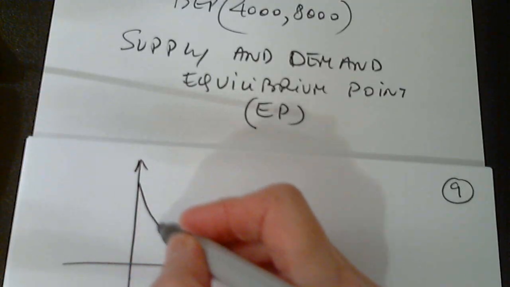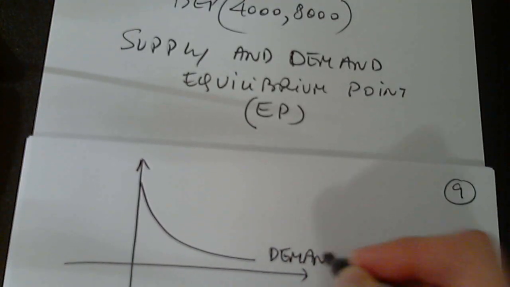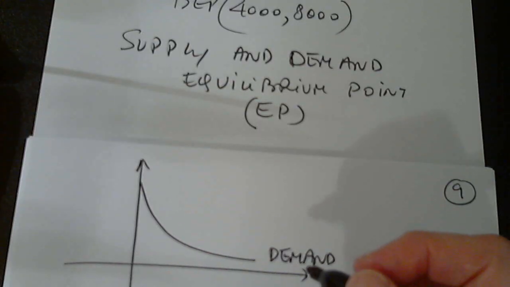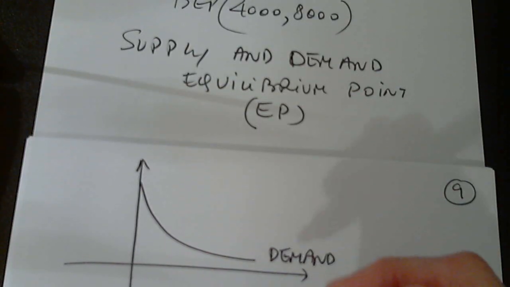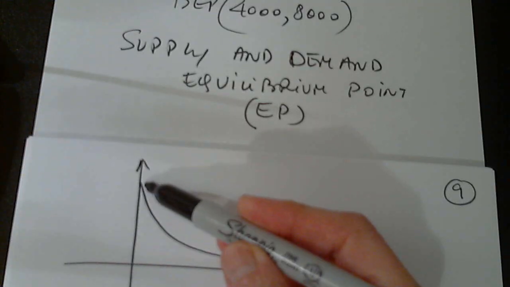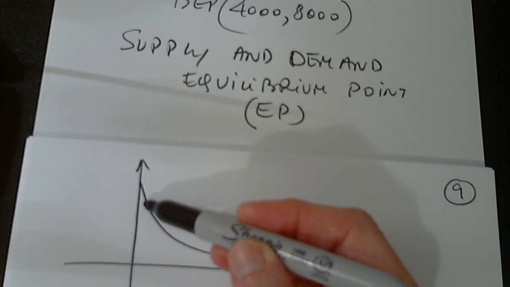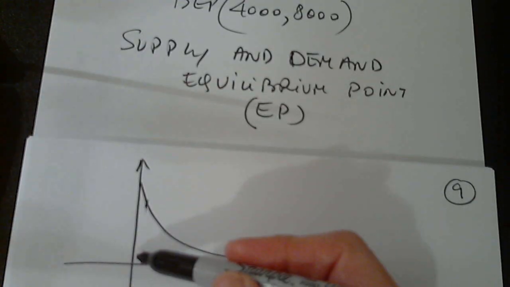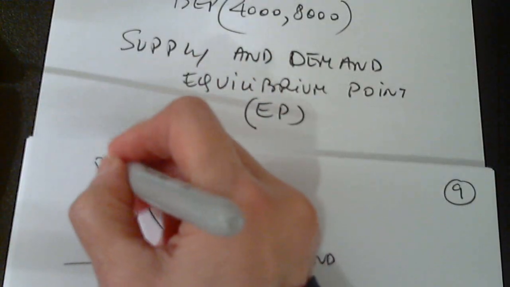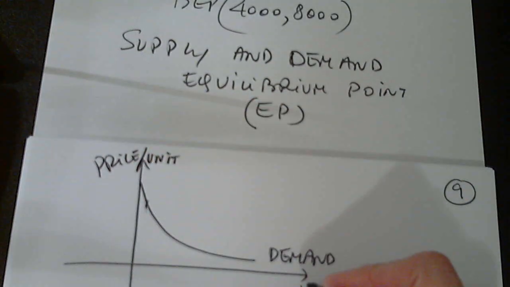So here is a demand function. Meaning, if the price is high, very few people can afford to purchase. When the price, so this is price per unit, units.